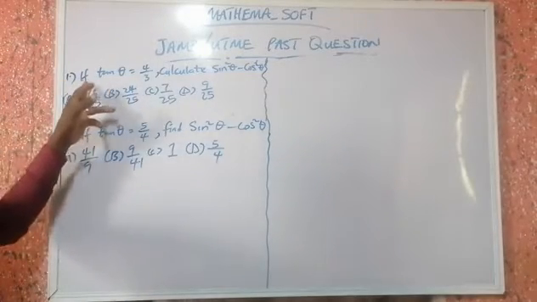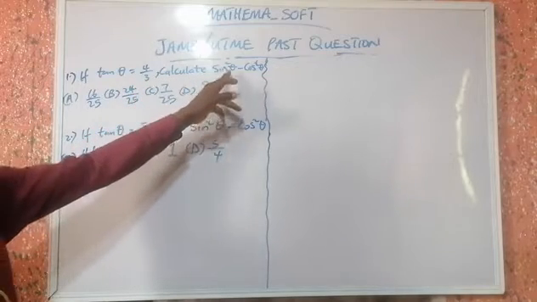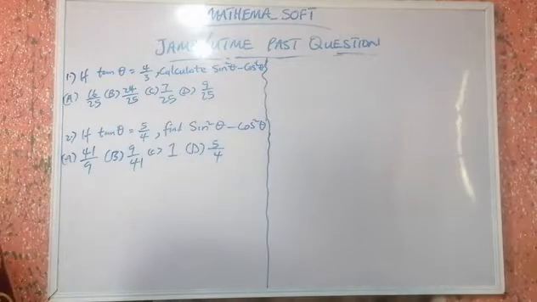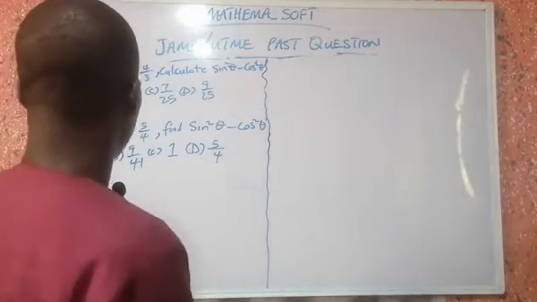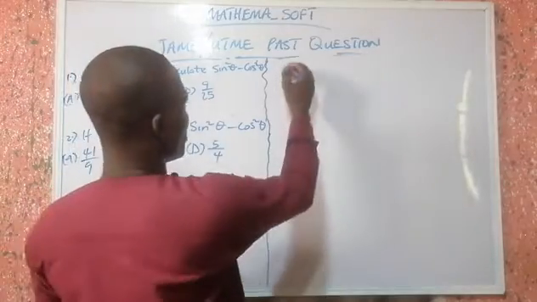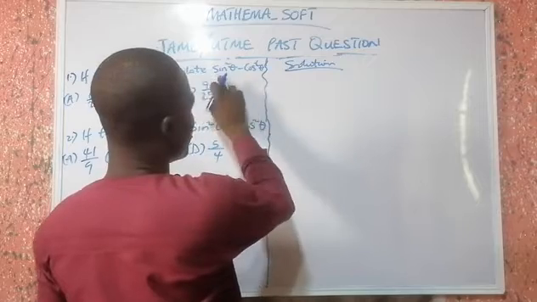The first one says if tan theta equals 4 over 3, calculate sine square theta minus cos square theta, and then we have these options. So we have to remember our relationship. Let's first reduce this.